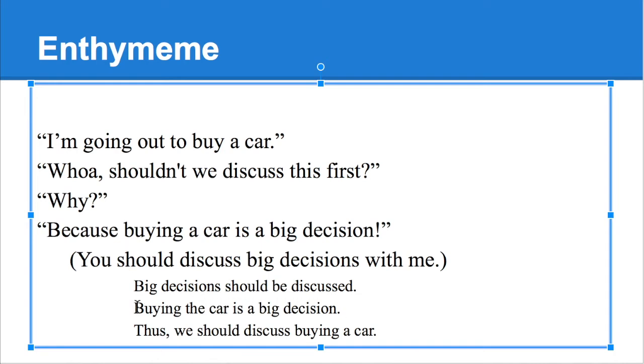Now, he wants to go out and buy a car, so this is a case in which the rule applies, right? We should discuss buying a car. Okay, this seems very basic. This should be pretty easy for you, but I want you to see what's happening in very common everyday language use.